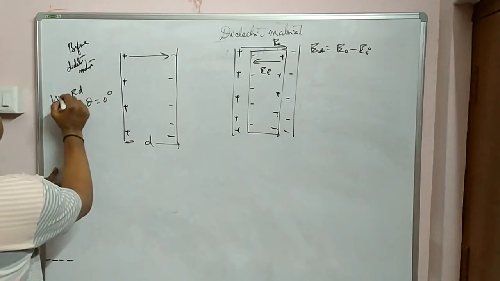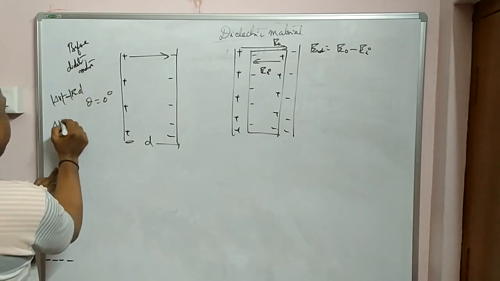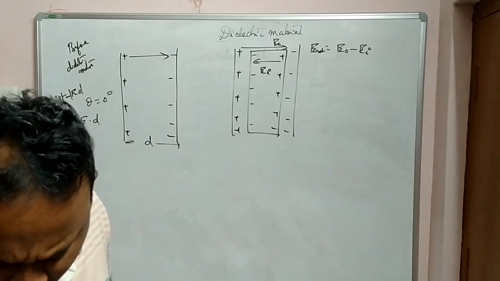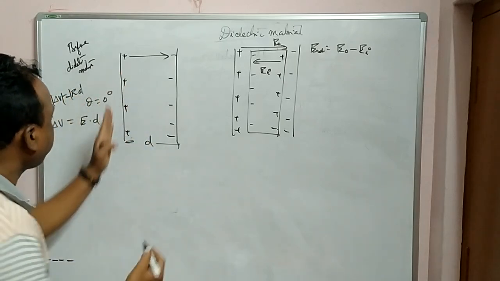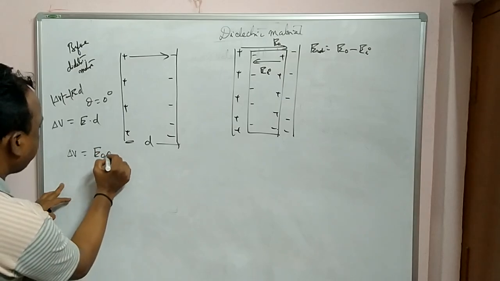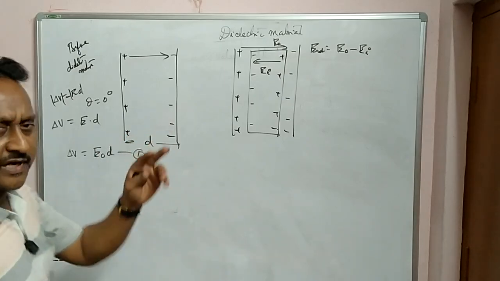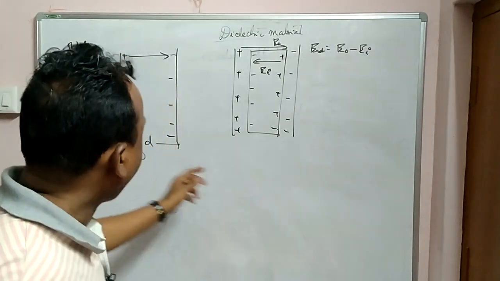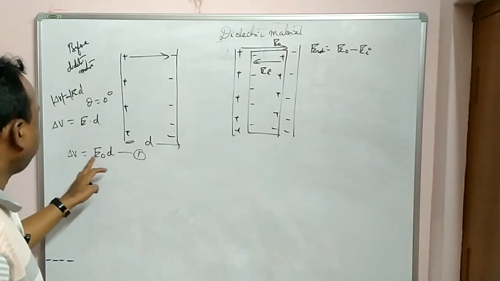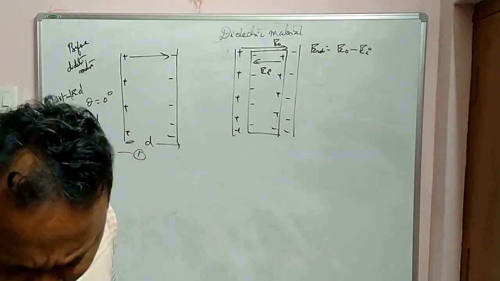Therefore, taking the magnitude, delta V is equal to E into D, as I told you in the previous class. So before introduction, what is the delta V? E0 into D, without any dielectric material. E0 into D. Equation 1.